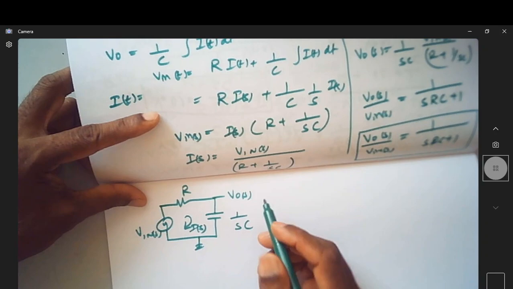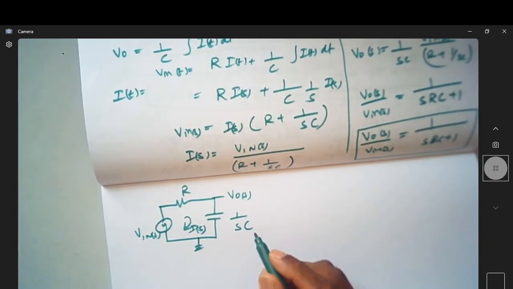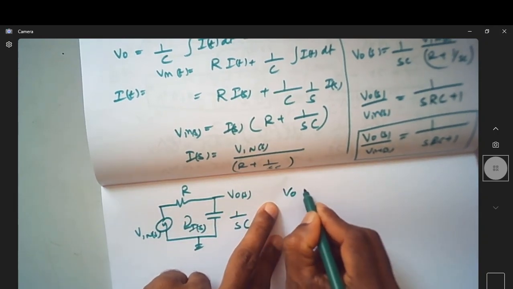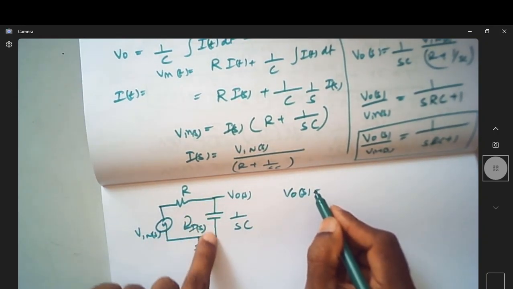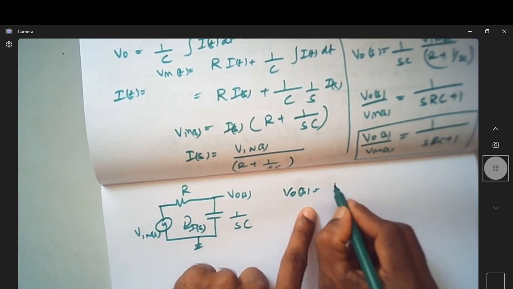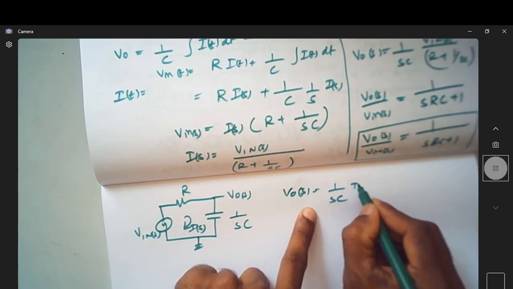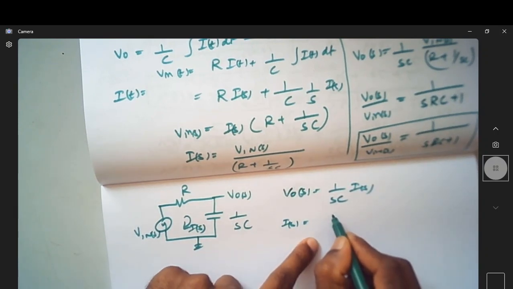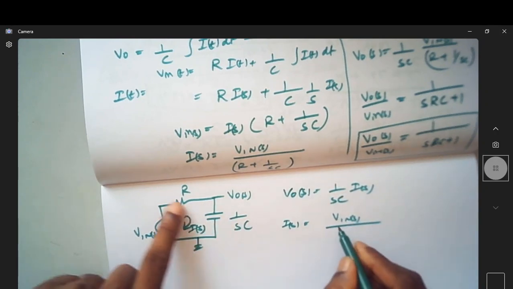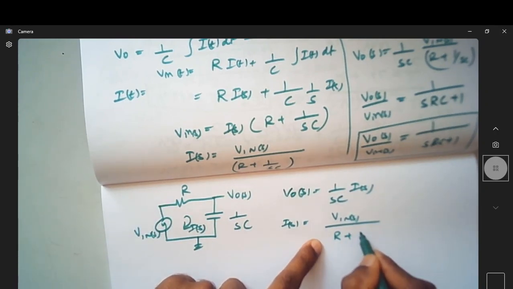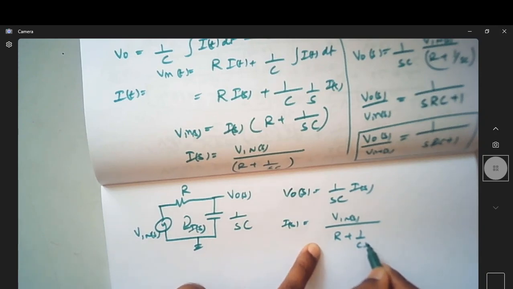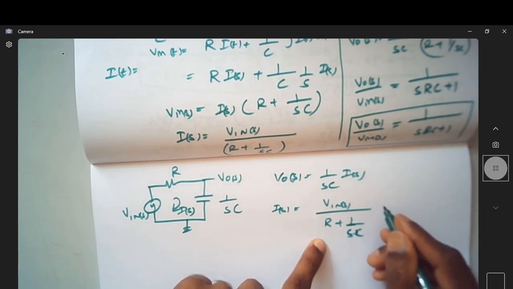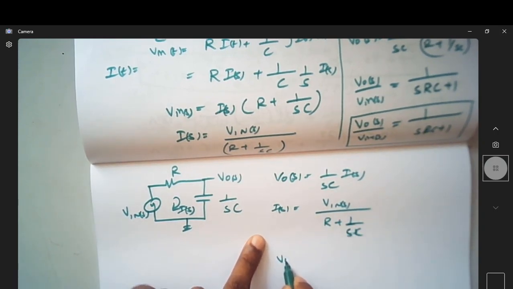Whenever I write it so, what is the transfer function? I am just writing the same thing: output is nothing but current multiplied by this impedance. Impedance is 1 over SC. What is the current I of s? I of s is V in of s divided by the overall impedance, which is R plus 1 over SC.